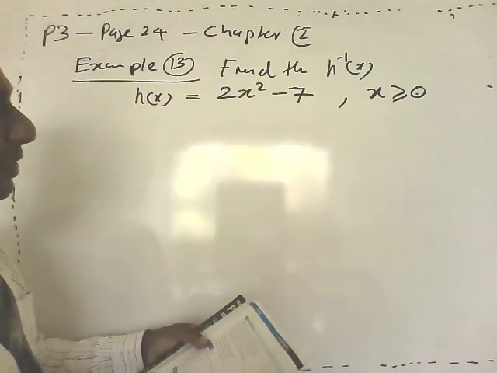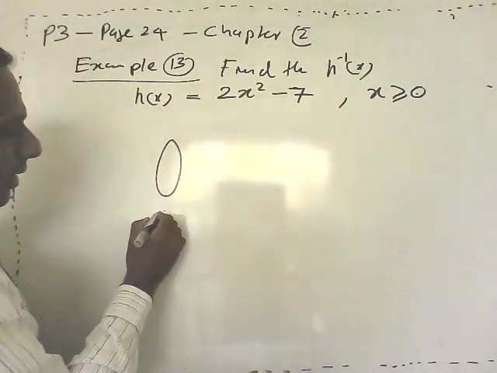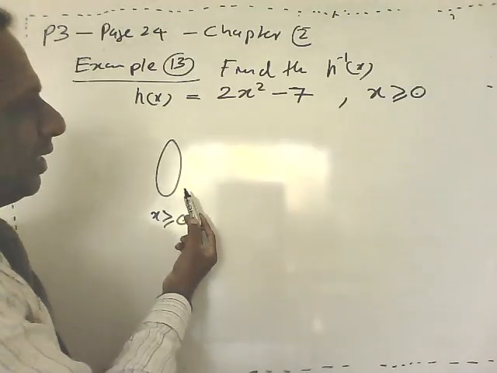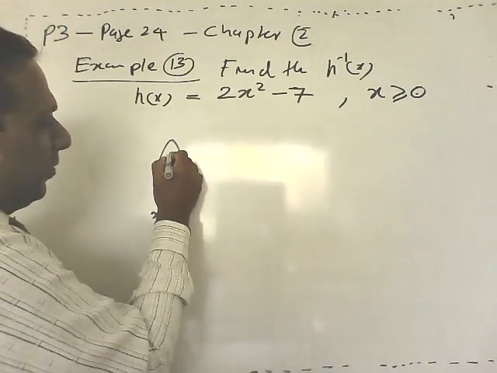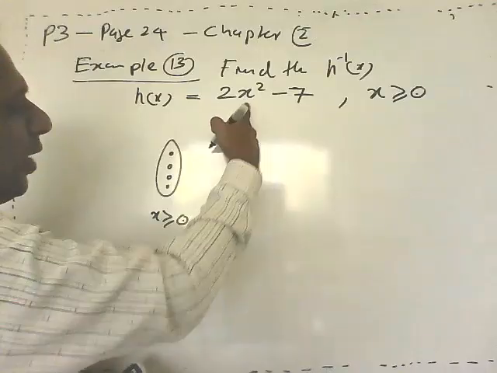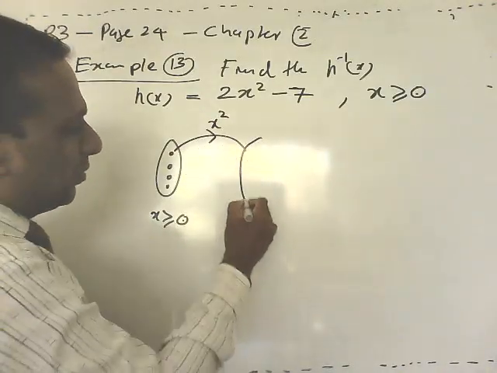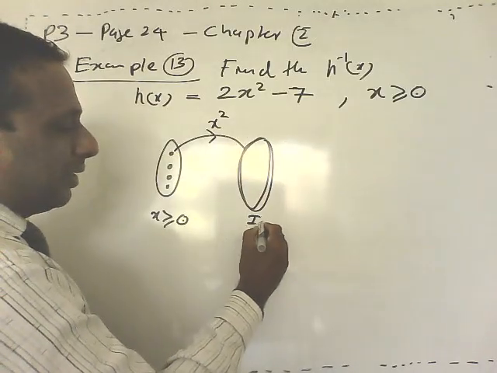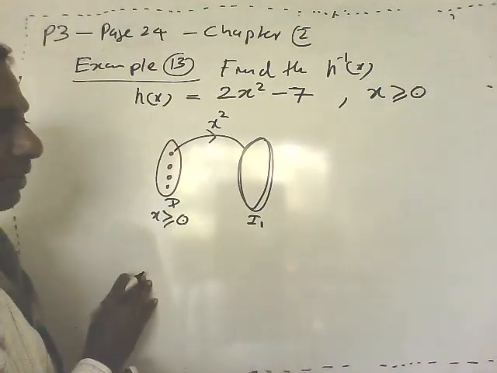First, if you take the domain, x greater than or equal to 0, so all positive real numbers are there. First operation is, when you take a value of the domain, it gets squared and you will get an image, which I will call image 1.